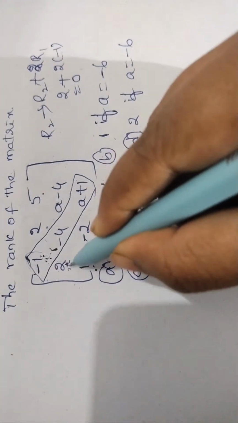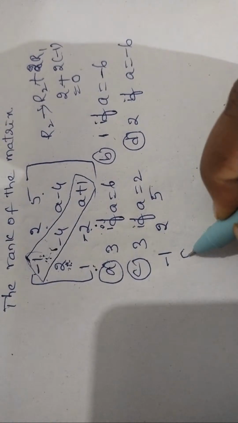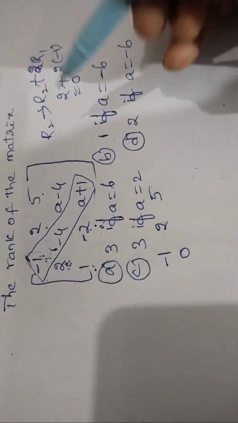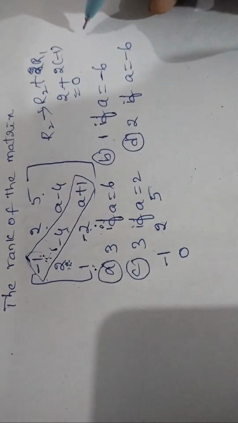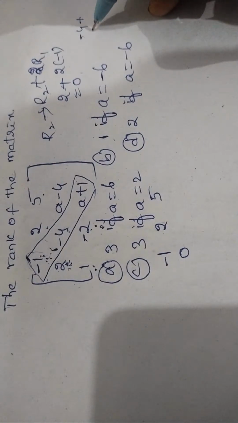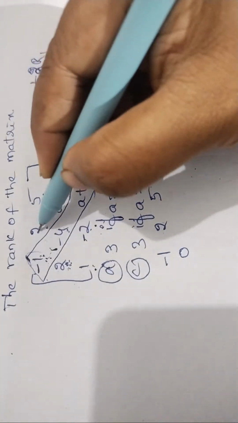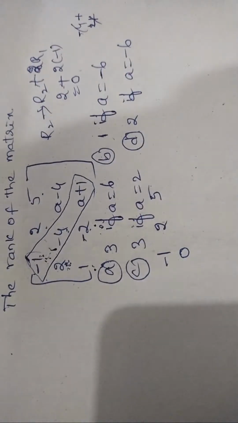Then the next element, R2 is -4. So -4 plus 2 into R1, 2 into 2, 4. So -4 plus 4, 0.